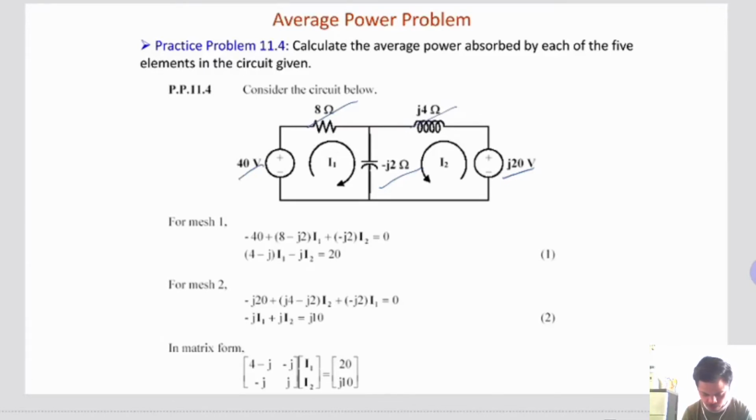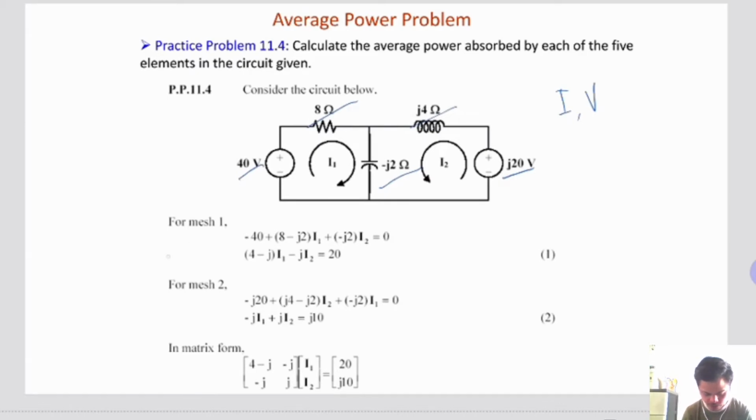To find the average power, we need to compute the current and the voltage for each individual element. And to do that, we can apply mesh analysis or nodal analysis in the circuit.